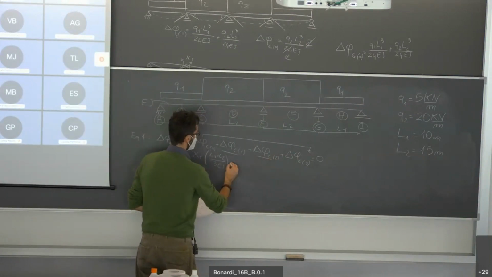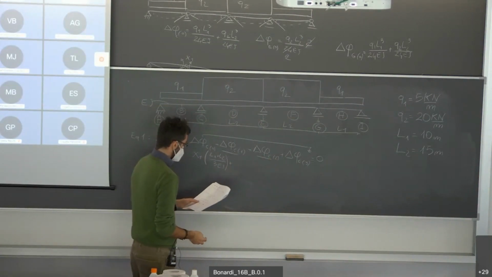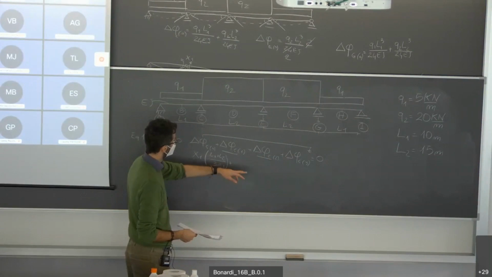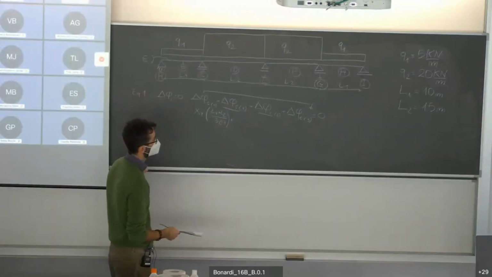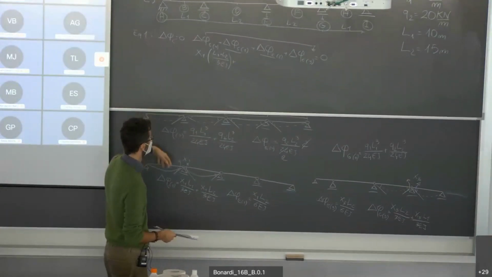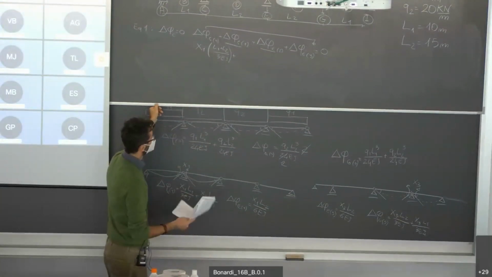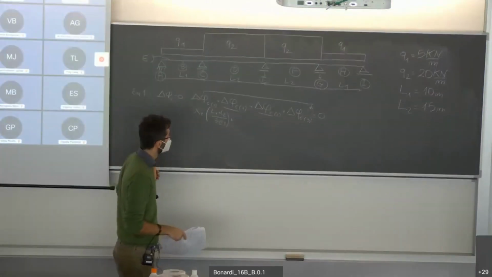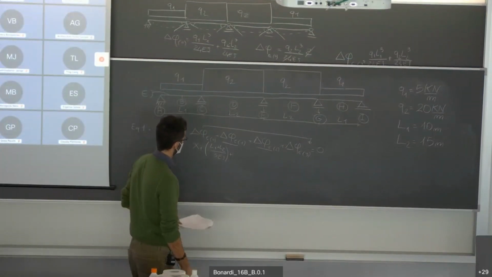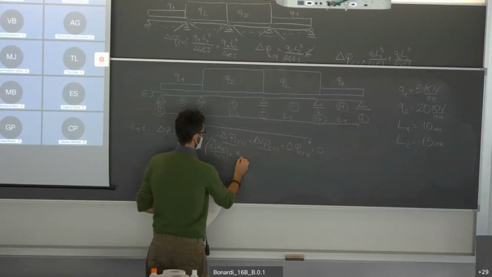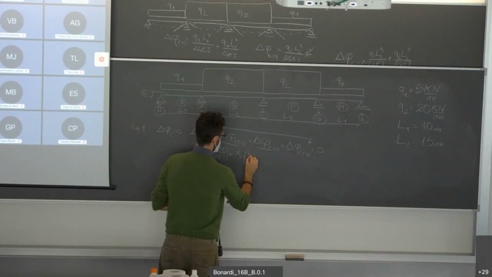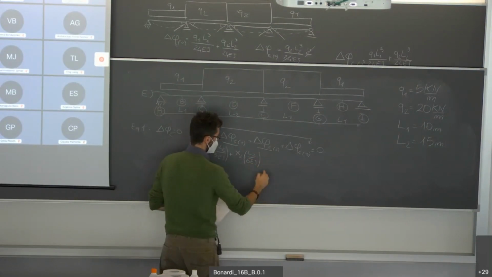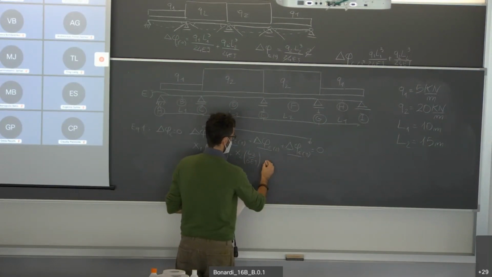Then we have the second one. All this stuff are plus because all the rotations are coherent. Okay? So we don't have to care about the sign. x2 multiplying L2 over 6EI. x3 is 0.